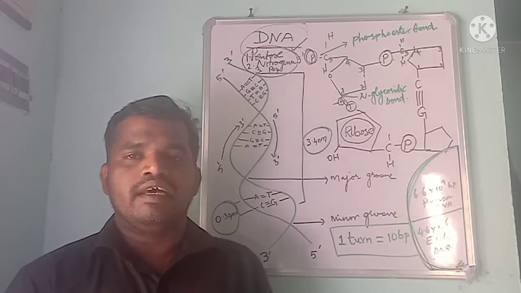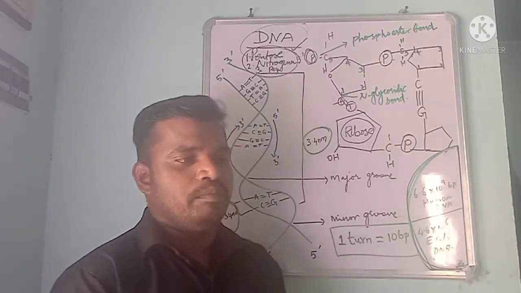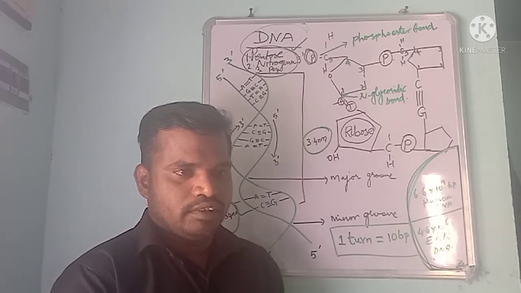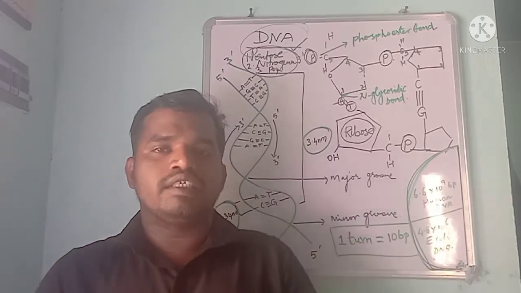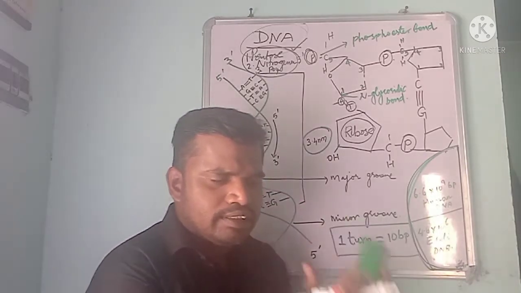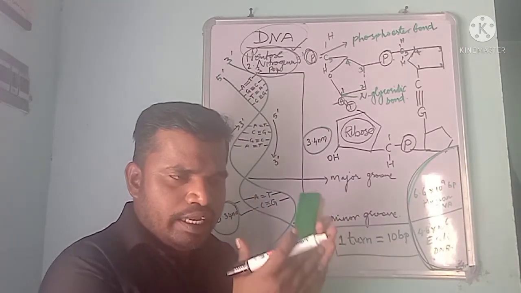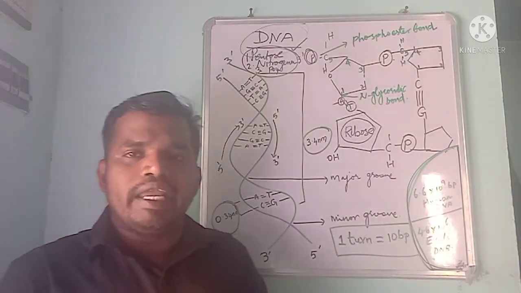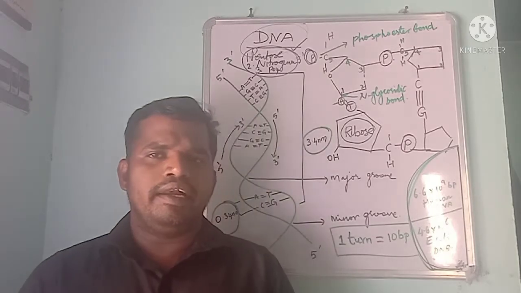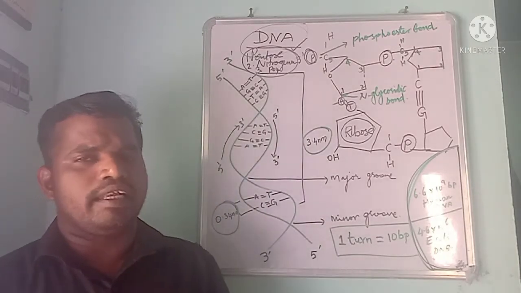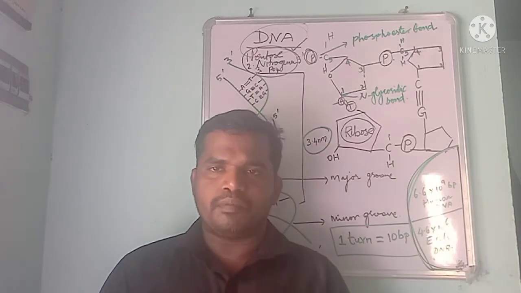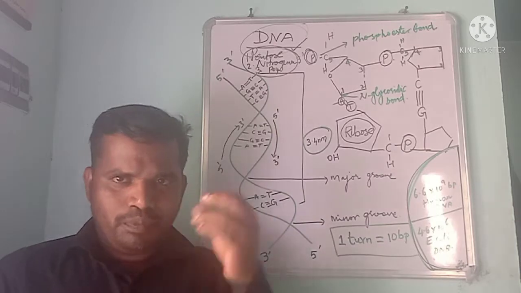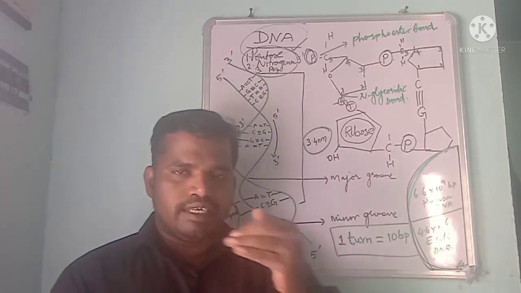Griffith concluded that the heat-killed S strain bacteria transferred a certain character to R strain bacteria, making it virulent. We know that the S strain bacteria is virulent, causing pathogenicity, but the R strain bacteria is non-virulent. In the previous class we saw all these things in detail.